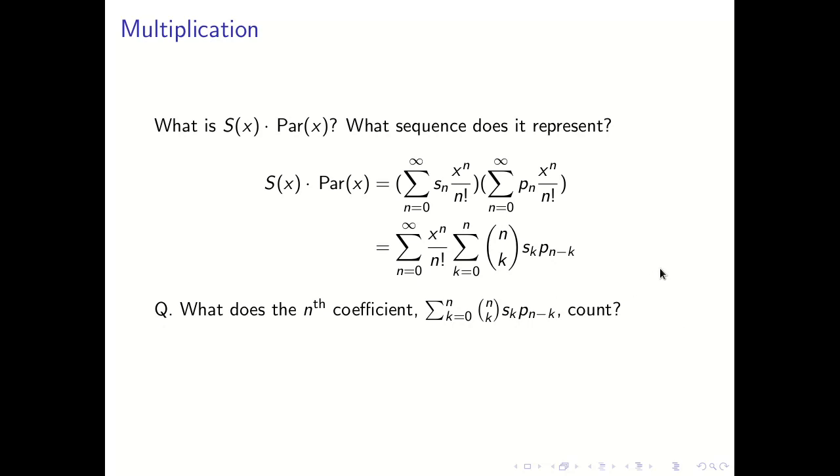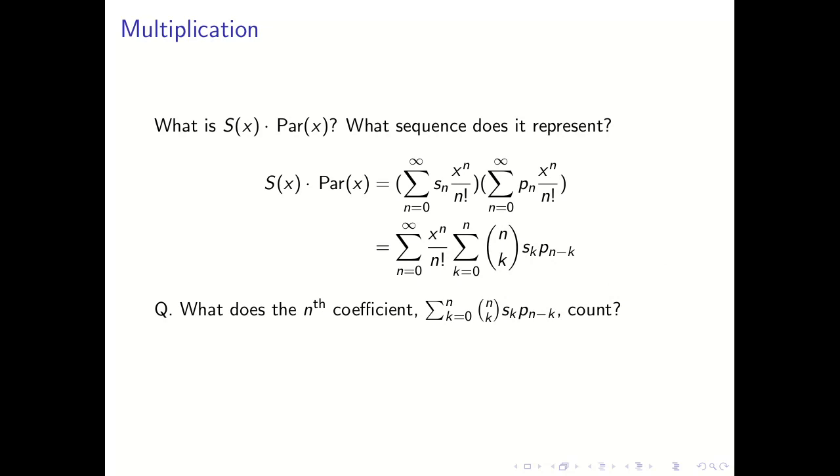So if we were to fix a particular k, then we've got 3 things here, making like 3 independent choices. n choose k is like picking k elements from our n set, and then s sub k is the number of permutations on a set of size k, and p sub n minus k is the number of partitions on a set of size n minus k.